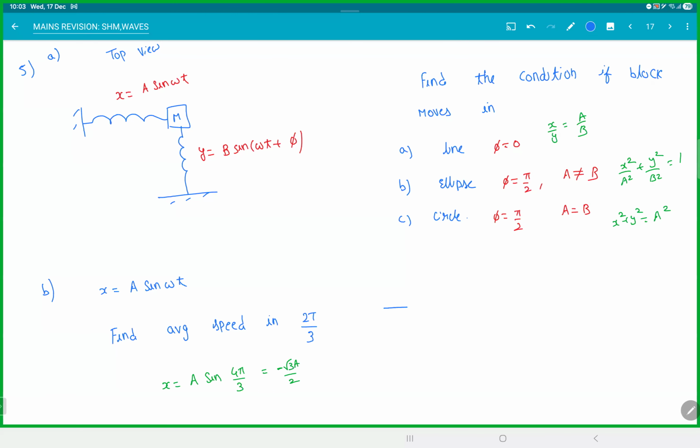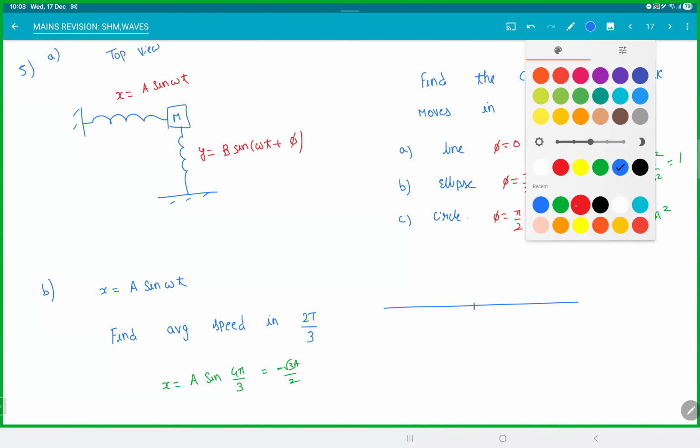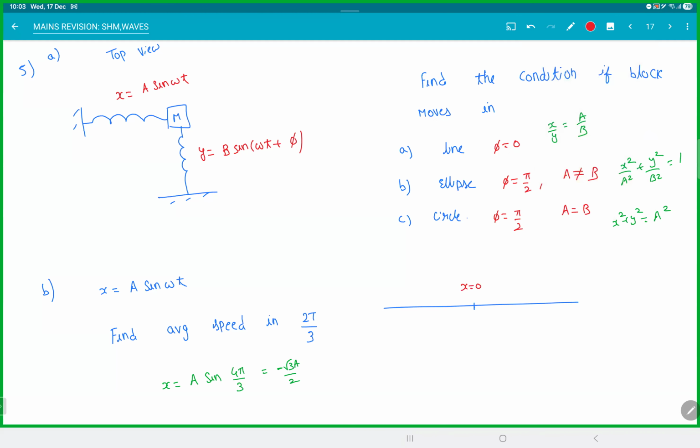That means if you actually draw the particle ka path, x is equal to 0, x is equal to A, you reach somewhere here. Now 2T by 3 is definitely greater than T by 2, means you went front and then you came back till here, isn't it? देखो ना, you can actually calculate. This is t is 0, this is T by 4, this is T by 2, and this is 2T by 3.